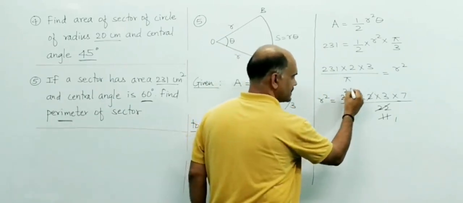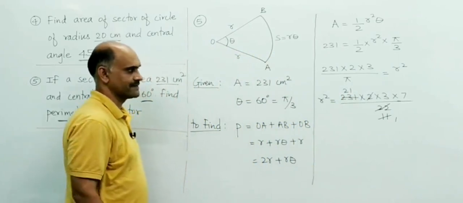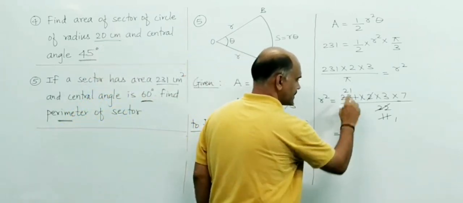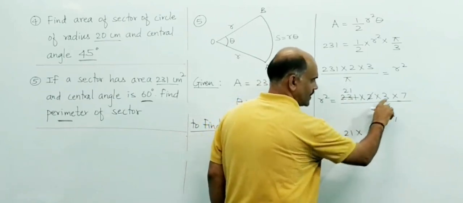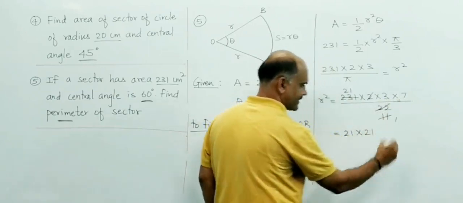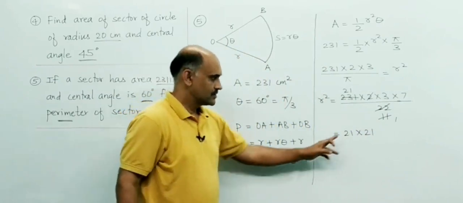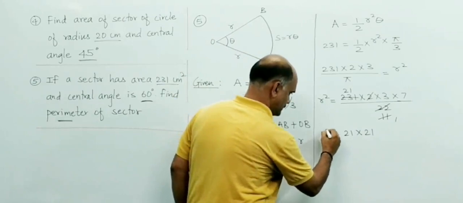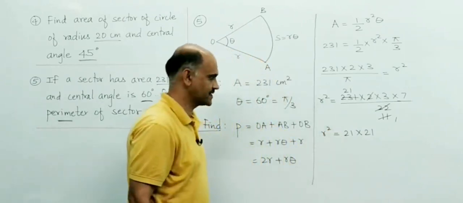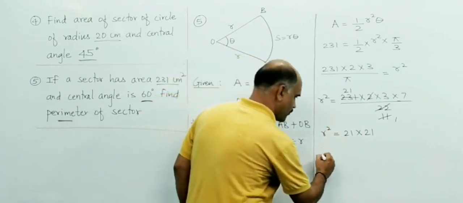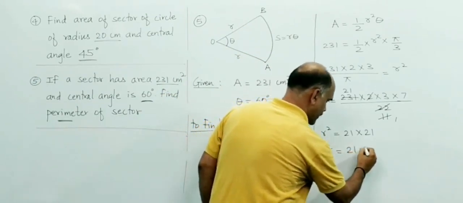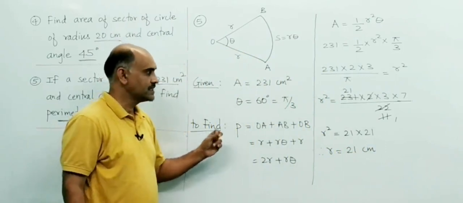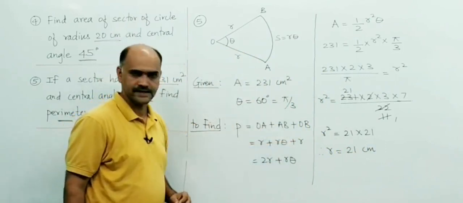If you observe, this is 21 and this is 21, 3 into 7. So r square is 21 into 21, which is 21 square. Therefore, taking the square root, r is 21 centimeter, that is the radius.